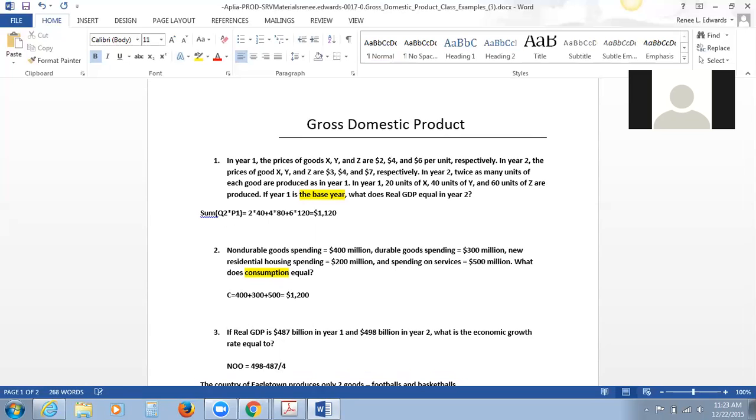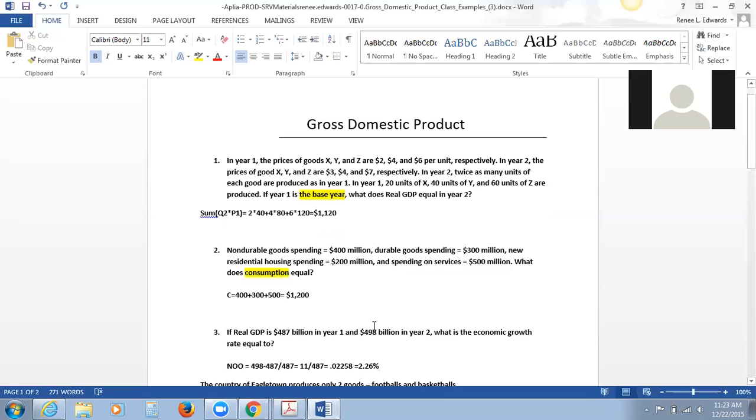When I do that, you're going to get 11 divided by 487, which is going to give me 0.02258. To change this to a percent, you need to move the decimal over two places. That's going to be 2.2, and I'm going to round to 2.26%.